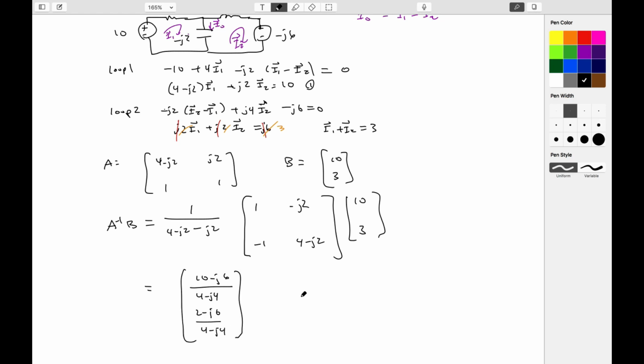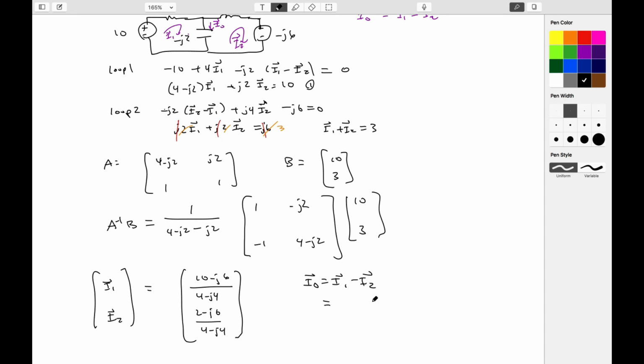And then I know that I need to find I naught, which is equal to I1 minus I2, which, by the way, is equal to I1, I2.